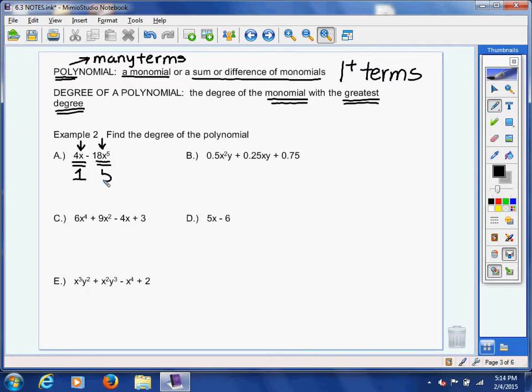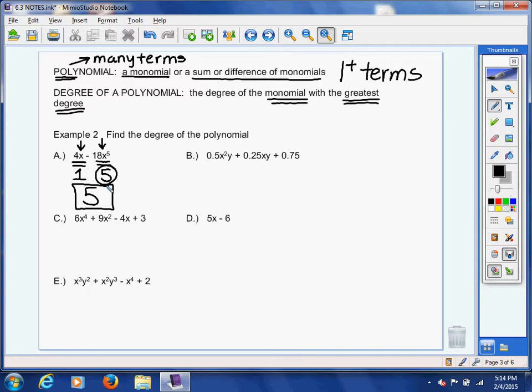Right, it's a 5. Now which one of those numbers is bigger? You're right, 5 is. So the degree of this whole entire polynomial is 5. Did you see what I did there? I found each individual monomial's degree, and then I circled the one that was the bigger of the two. And that's the degree of the entire polynomial.